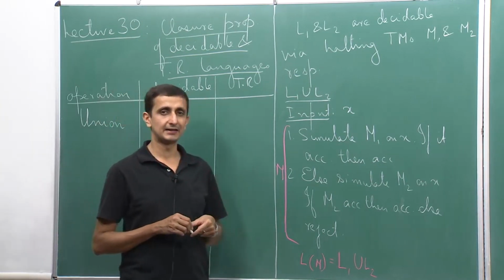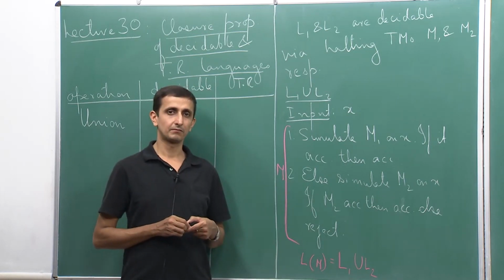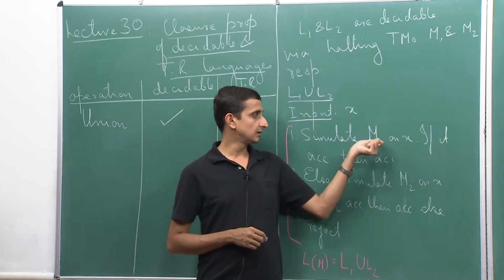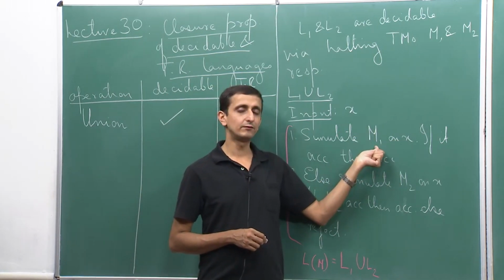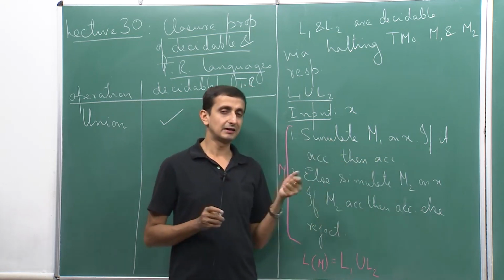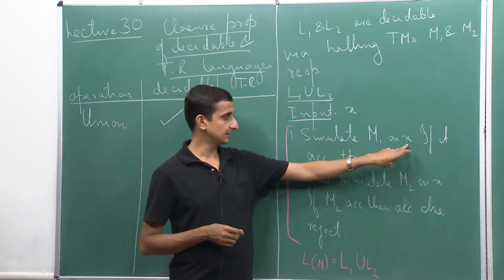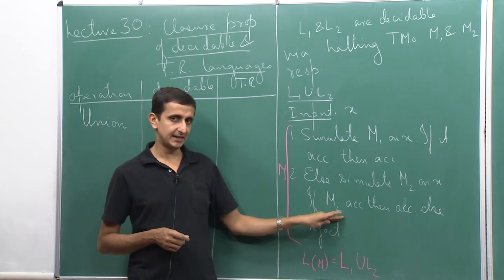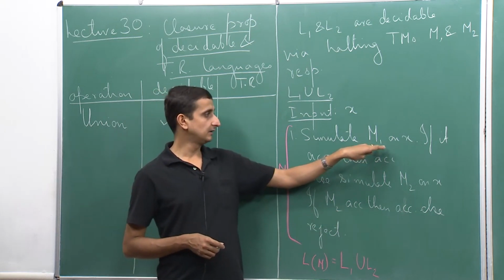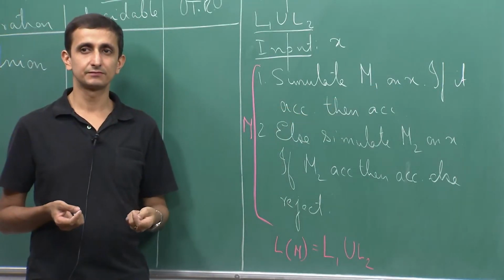Now, what about Turing recognizable languages? Can we do the same thing for Turing recognizable? Suppose x belonged to the language of M1, then we were fine. But consider the following case: what if x is in L2, that is x belongs to the language of M2, and on M1, x loops forever, it never stops?